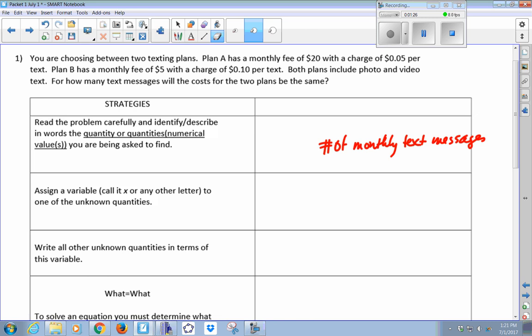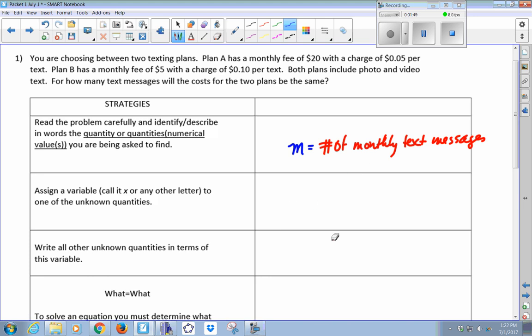Now we want to assign a variable, any variable we want, X or any other letter, to this unknown quantity. In this case, we only have one. Let's call it M for the number of monthly text messages. Now it says write all other unknown quantities in terms of this variable. Well, we don't have any other unknown quantities.